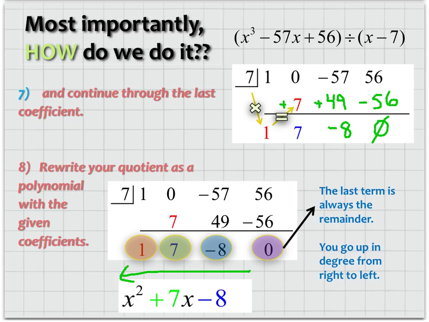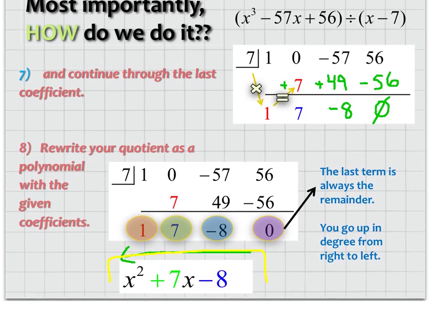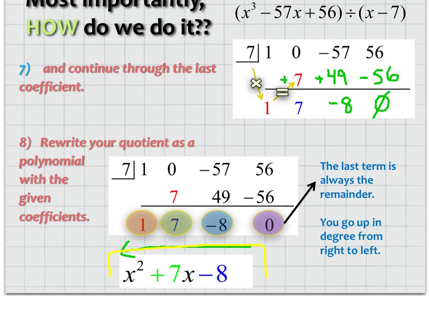So if we were to divide these using long division, you would end up with the same quadratic trinomial. So remember, it's always important to go back to what this all means. What this means is when I take x cubed minus 57x plus 56 and I divide it by x minus 7, I get this term.